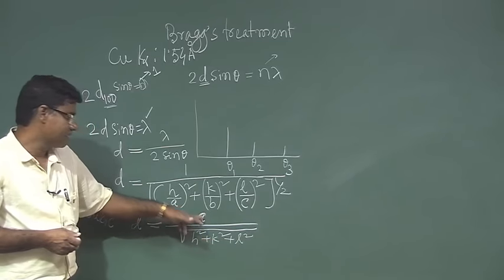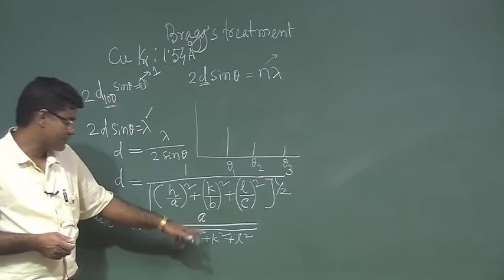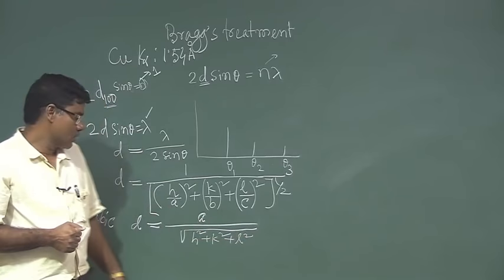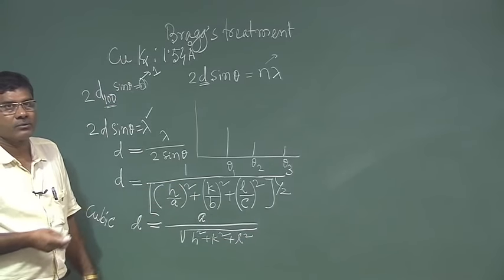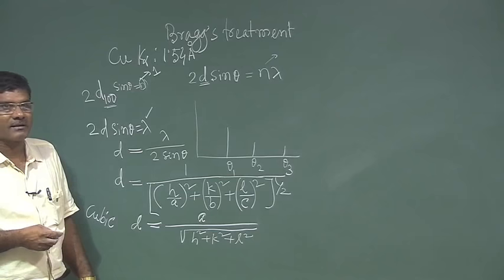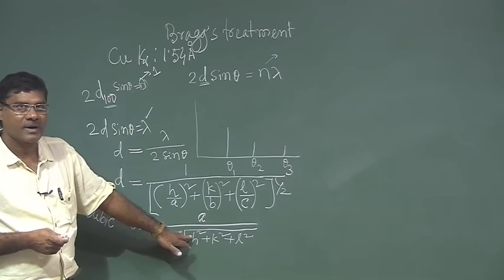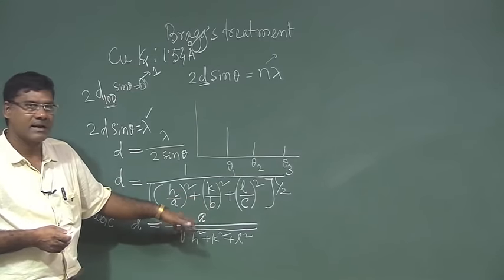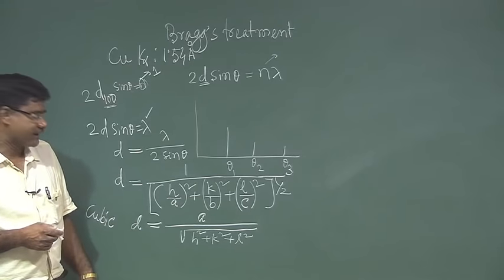So, one has to know the hkl value to get the lattice parameter. There is a way to analyze the data and find out this lattice parameter, so that I will discuss later on.